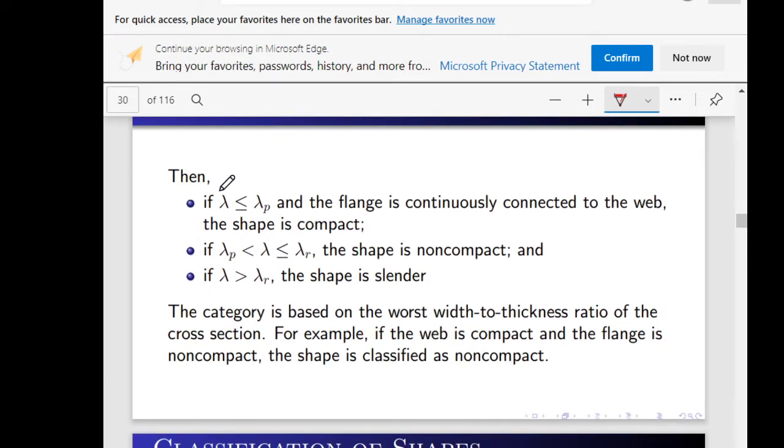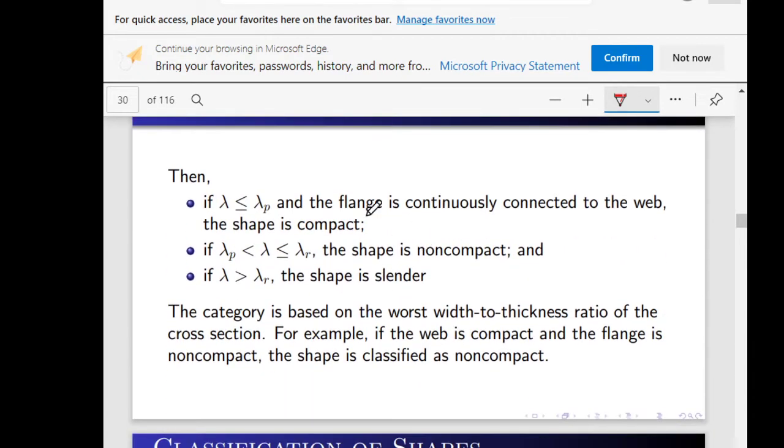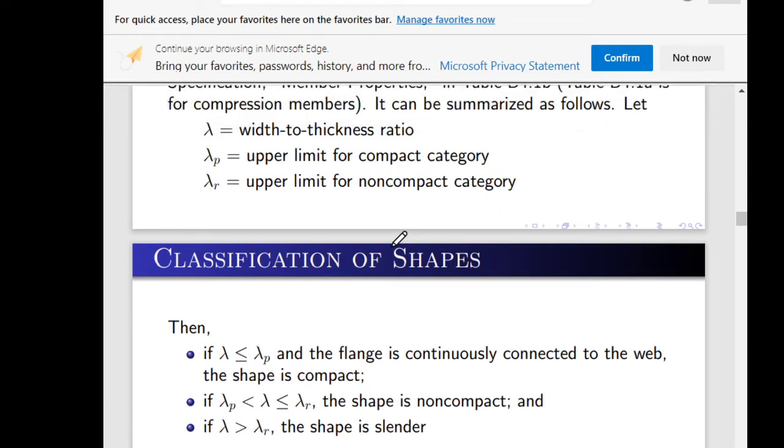If the width to thickness ratio is less than or equal to the upper limit of the compact category, meaning the flange is continuously connected to the web, the shape is compact, because this is the upper limit.